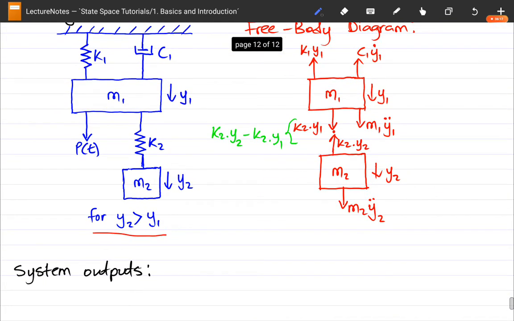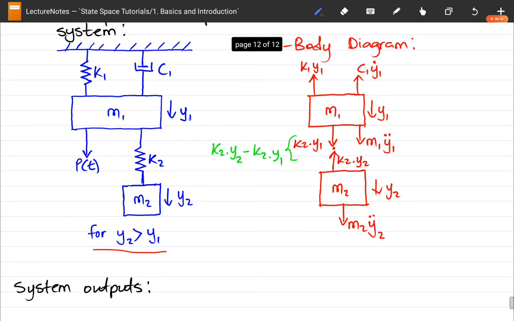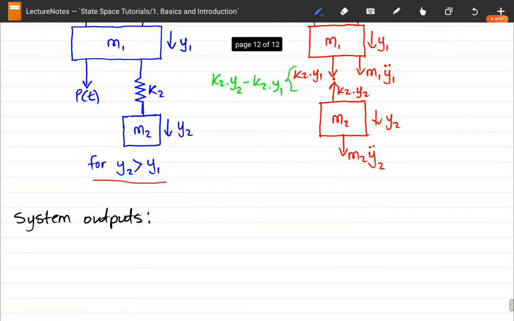Looking at the system now, the output will be the displacement, which is something easily observable and measurable. So y1 and y2 are our outputs.